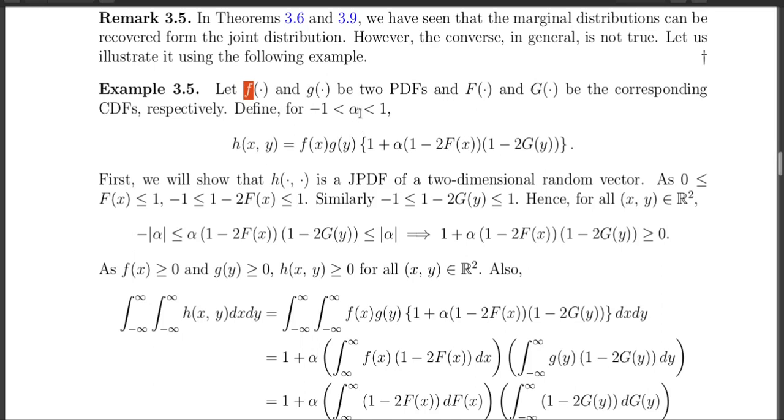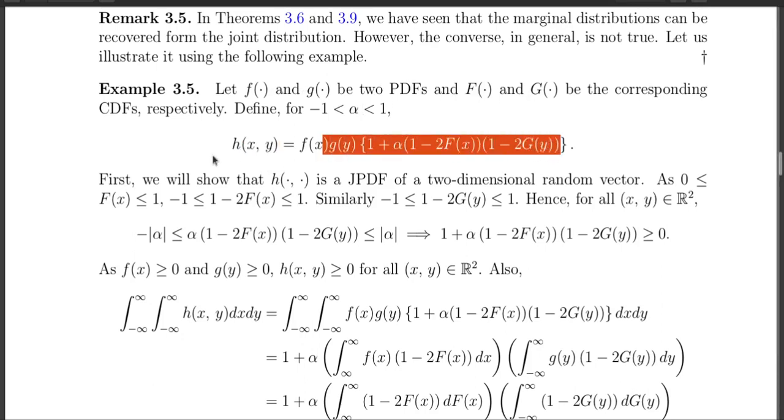You take alpha, any value between -1 and +1, with -1 and +1 excluded. Now I define a new function from R square to R using small f, small g, capital F, capital G, and alpha like this.